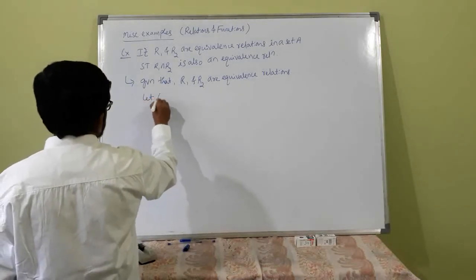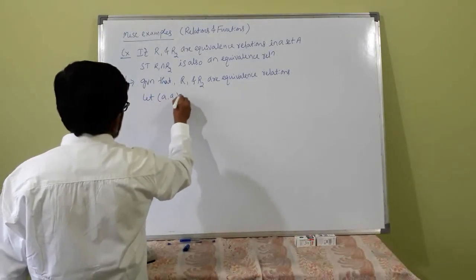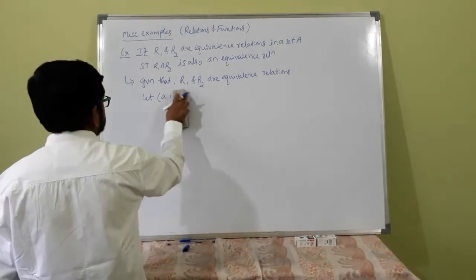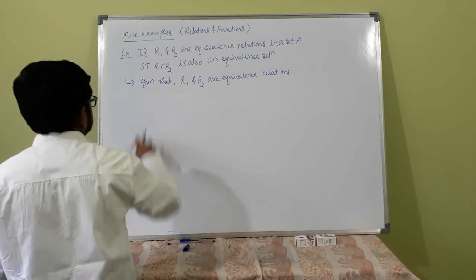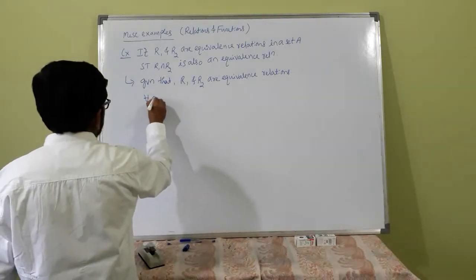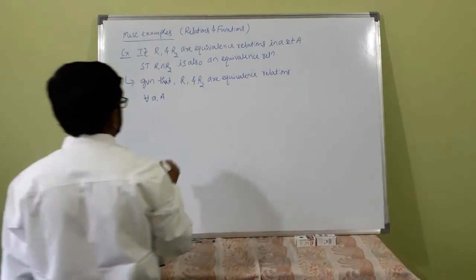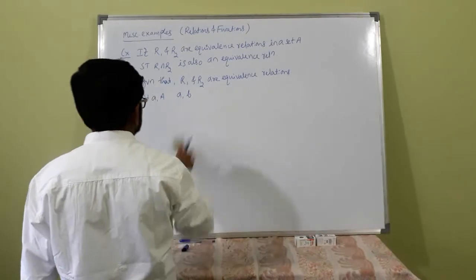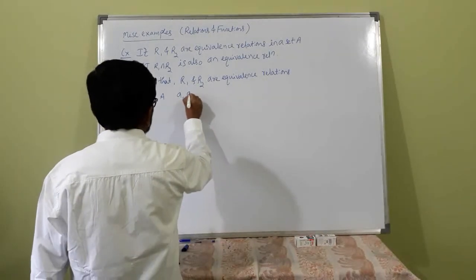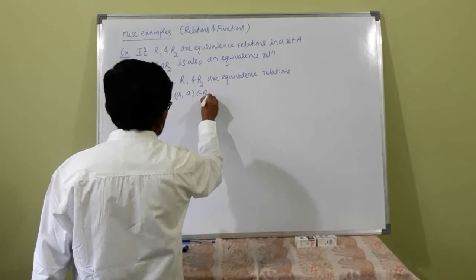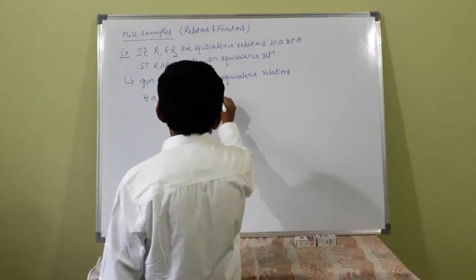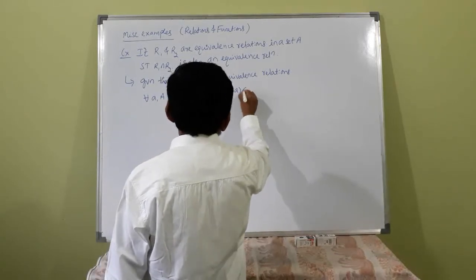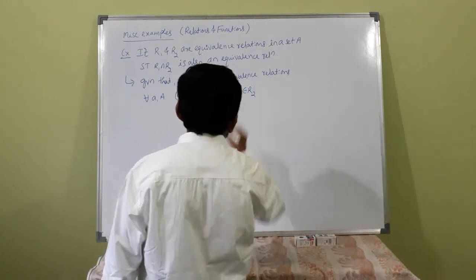Let a belongs to A. For all a belongs to A, (a, a) belongs to R1, because R1 and R2 are reflexive.